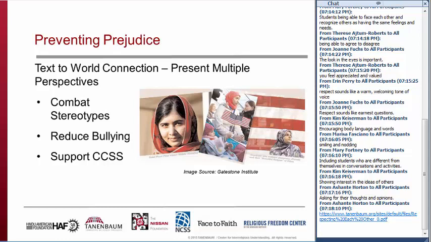So we see a lot of news coverage of atrocities that are committed in the name of religion. And those can lead students to make generalizations about particular belief systems, and in the worst case scenarios, for students to engage in bullying of classmates who are perceived as representing those belief systems.